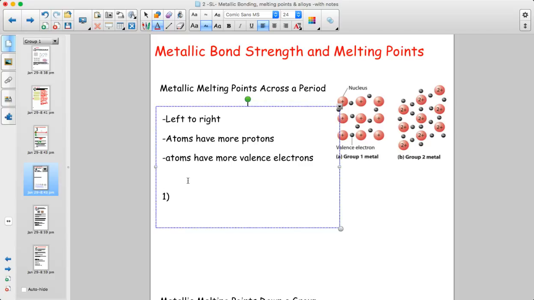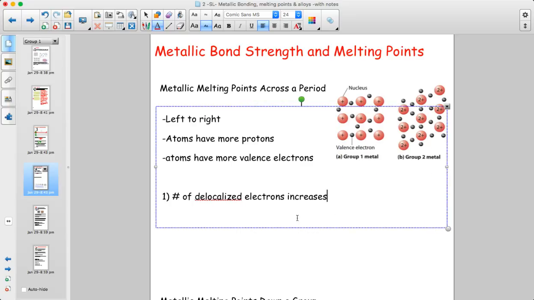Reason number one, the number of delocalized electrons increases. When you have a metal doing metallic bonding, the number of delocalized electrons increases as you go from sodium to magnesium to aluminum. And the more delocalized electrons you have, the more attraction you're going to have holding all these particles together. It's like you have more glue in between the ions. You can see this is an example of a group 1 metal, this picture here, and this one is group 2.